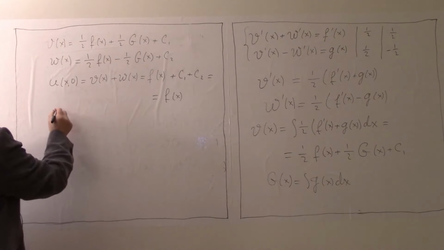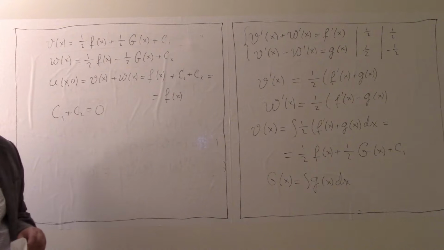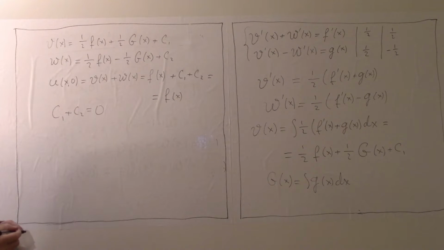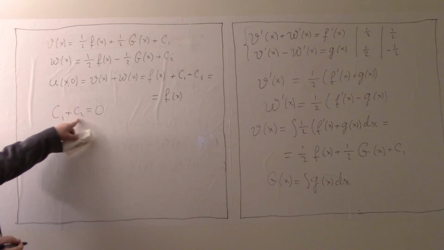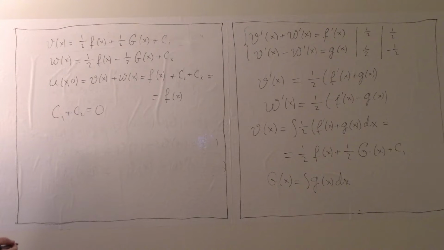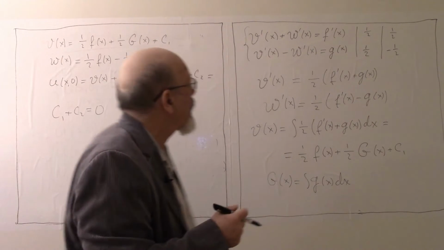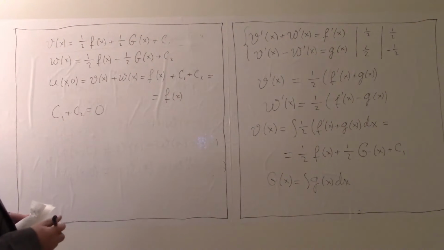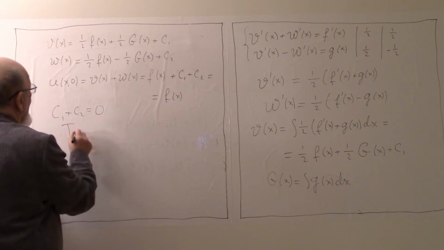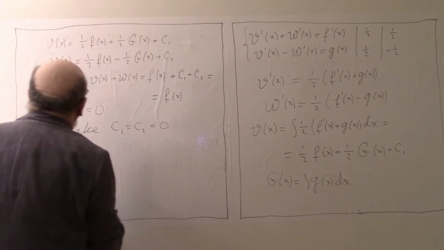This means that c1 plus c2 equals 0. If you take any c1 and c2 such that their sum is 0, it will not change the sum of v plus w. This means that we can take c1 equals c2 equals 0.